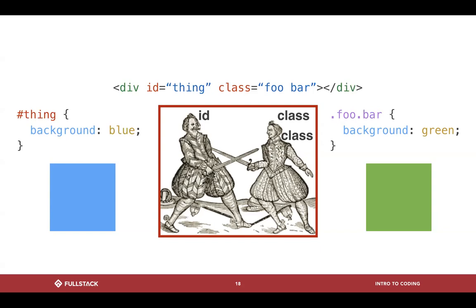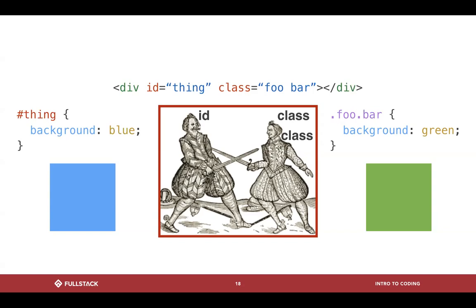Yeah, so if you think about it, when we're trying to select something, with an ID I want to select this singular item that is thing. There's only one element on the page with an ID of thing, where a class might exist on several divs. It's a group versus a single thing.